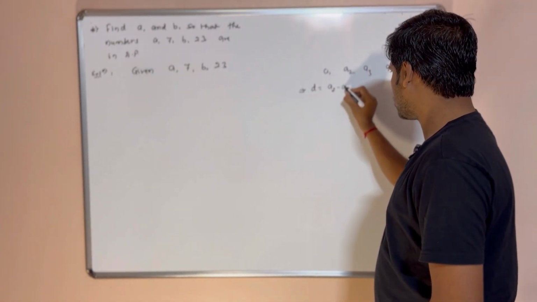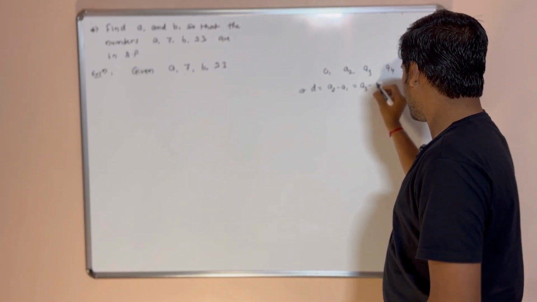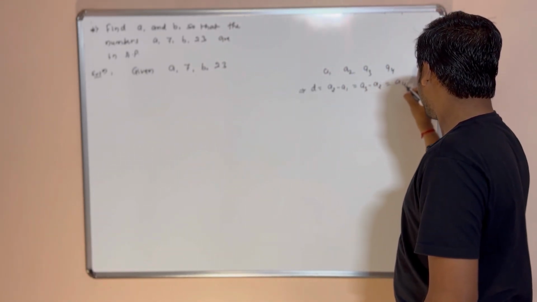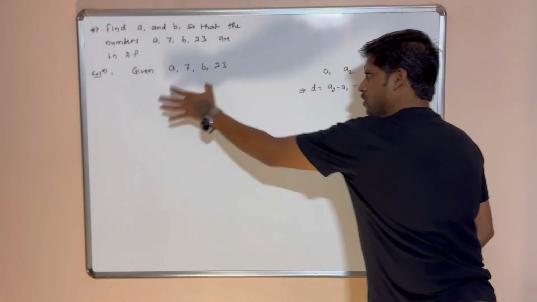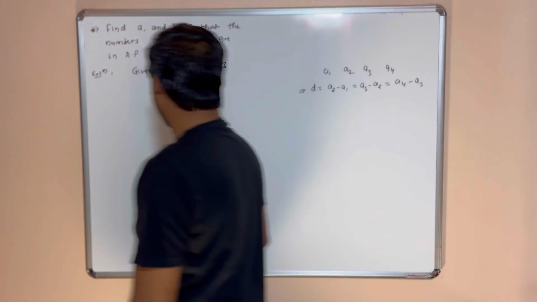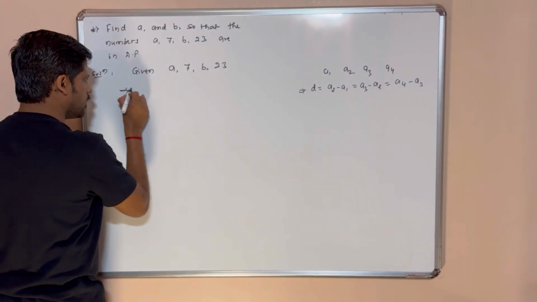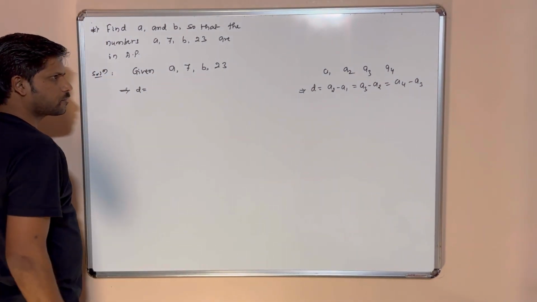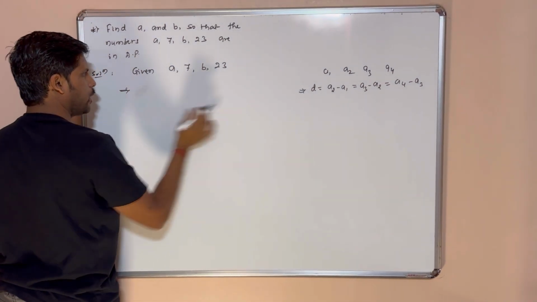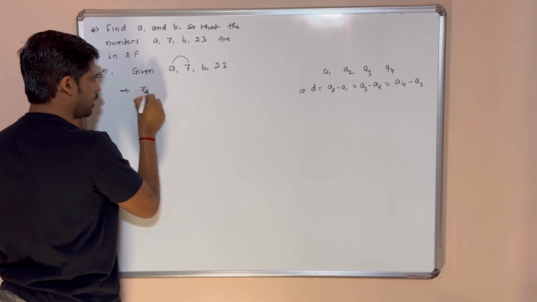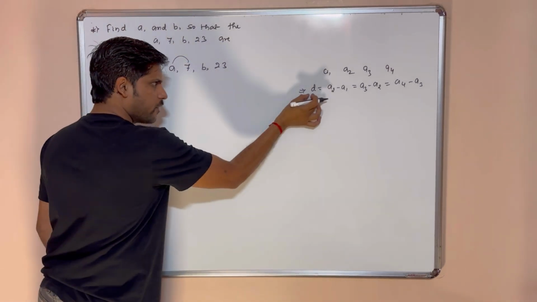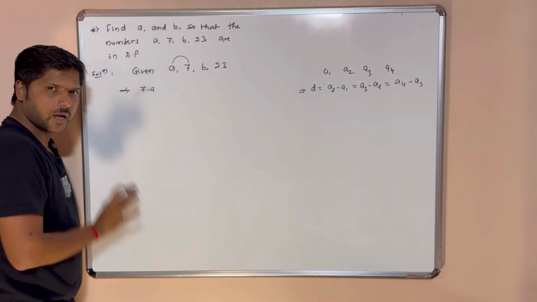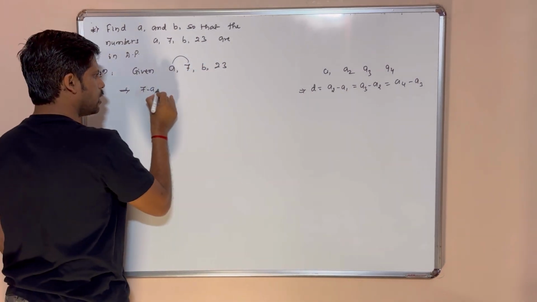So the common difference D is equal to A2 minus A1, equal to A3 minus A2, equal to A4 minus A3. Now I am going to apply this one only. Here the common differences are equal. So D is equal to A2 minus A1, 7 minus A. When the common difference is satisfied, then it will become an AP.